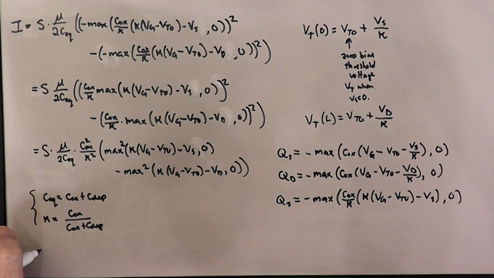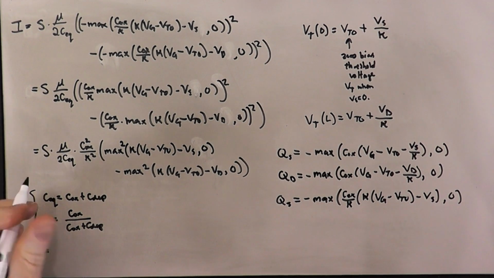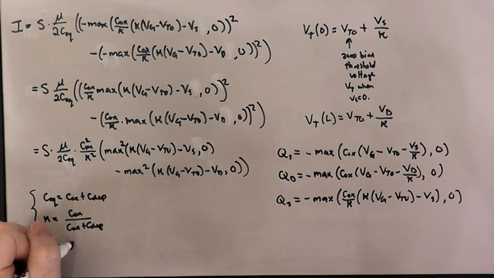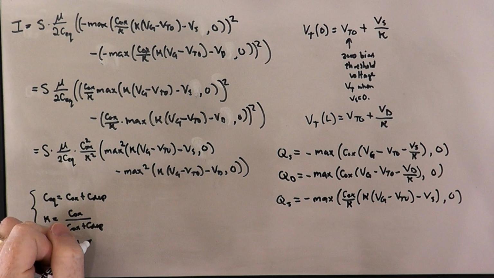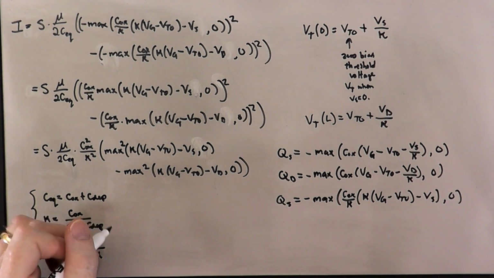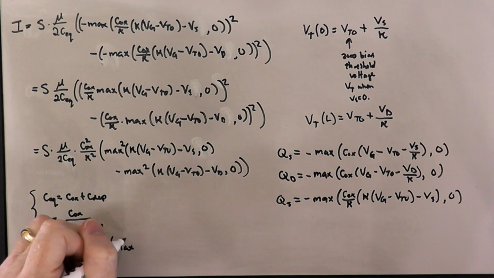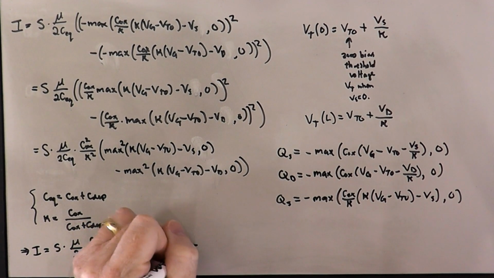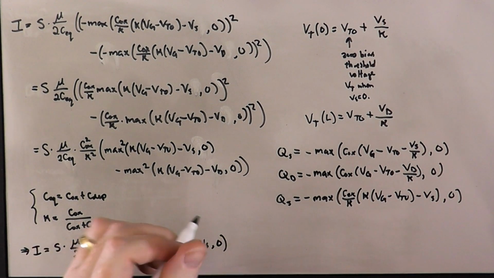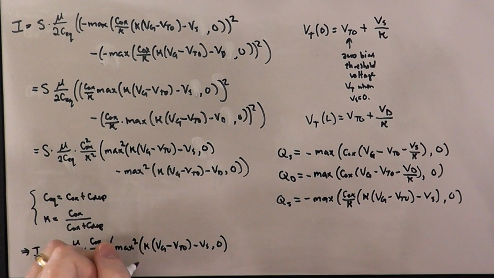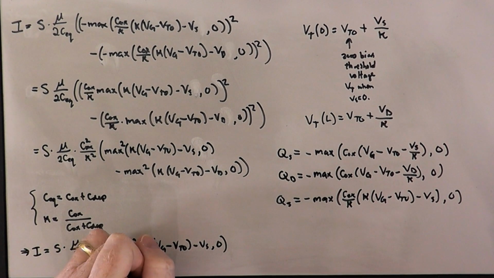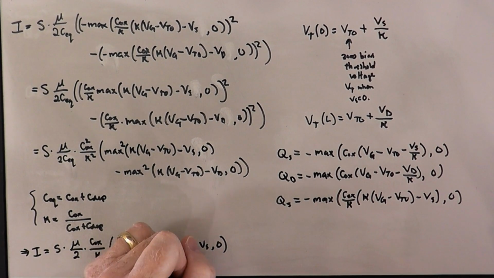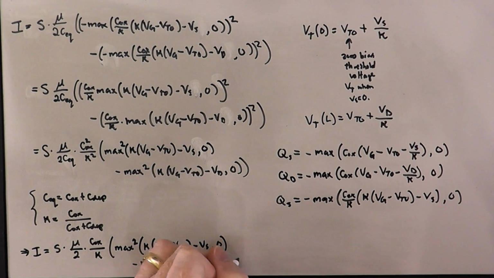And so we can rewrite the current as the strength ratio times mu over 2 times one of the Cox's is left upstairs and one of the kappas is left downstairs, times Cox over kappa, times max squared of kappa Vg minus Vt0 minus Vs, 0, minus max squared kappa Vg minus Vt0 minus Vd, comma 0.